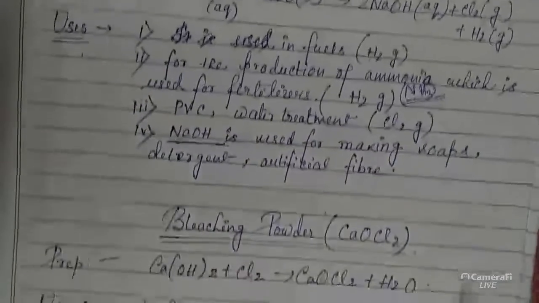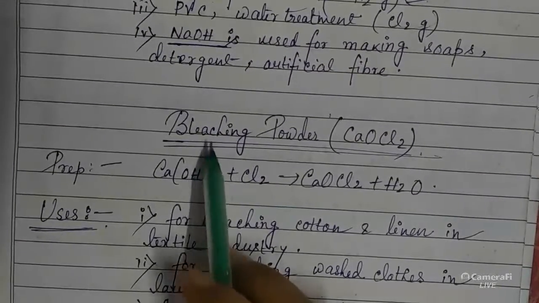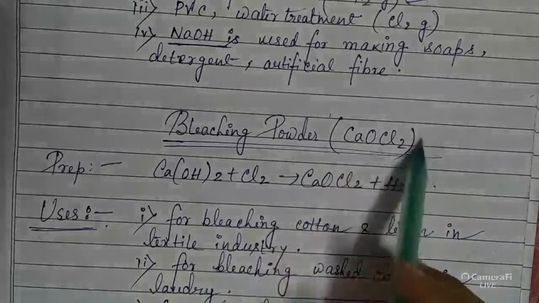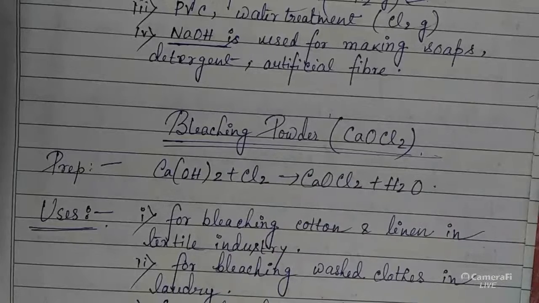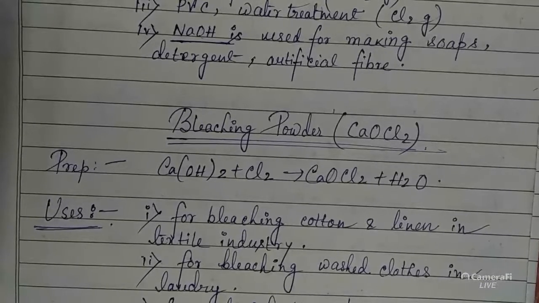Now next I am coming to the bleaching powder. I think all of you have seen bleaching powder, and you also know its smell. A pungent smell generally comes from bleaching powder.